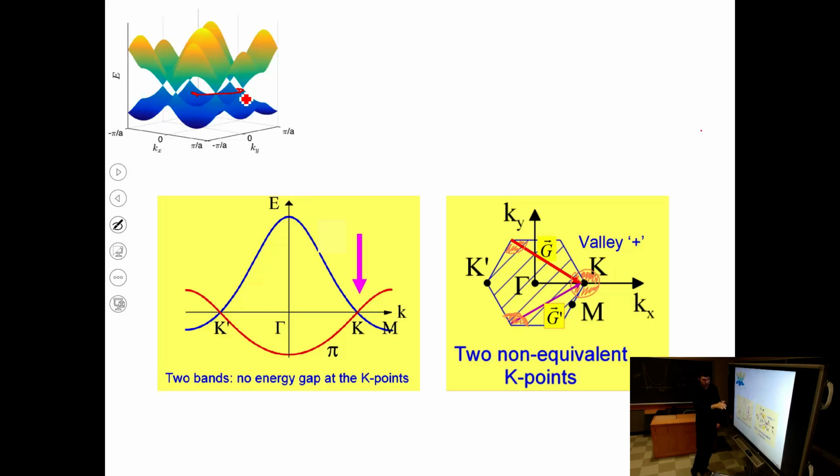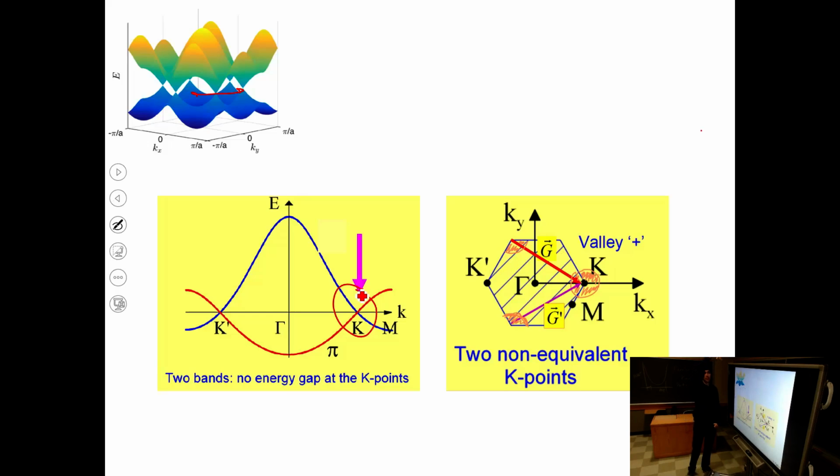If you cut across there, you will see the 2 bands, the blue and the red, and you will see that these 2 bands cross at the k point, and they make this degeneracy here. There is no energy gap at k points.